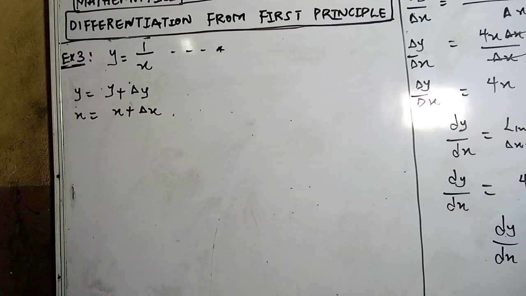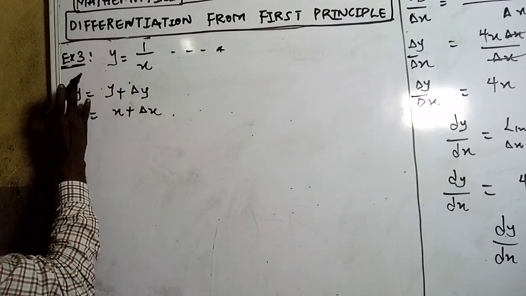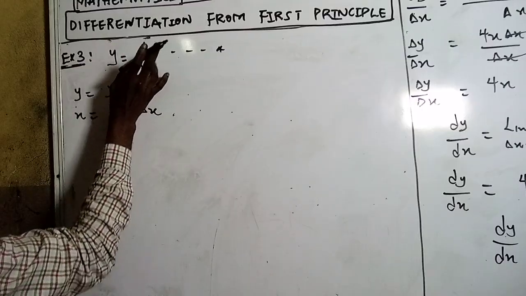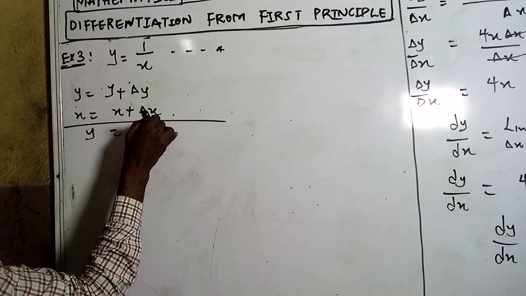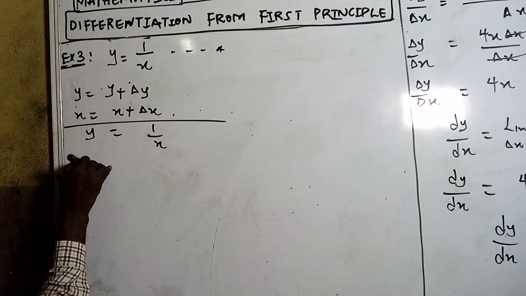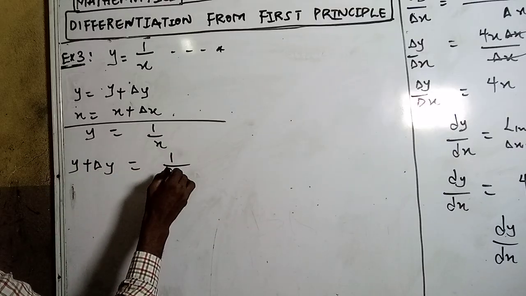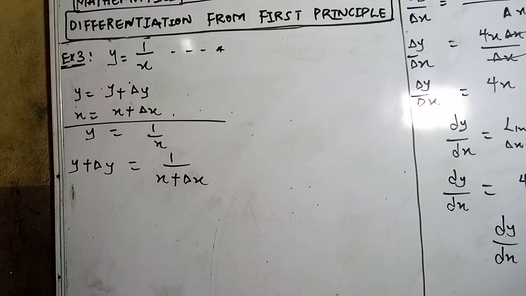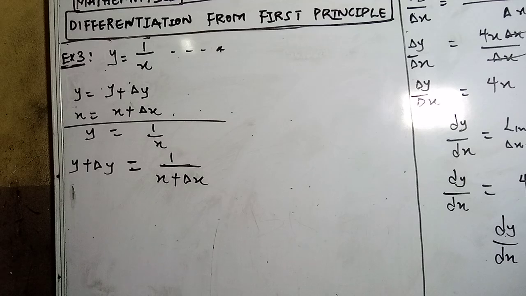Very simple. So the next thing we do now is to do our normal substitution. Wherever I see y, I put this. Wherever I see x, I put this. So what I have now, y equals 1 over x returns to y plus dy equals 1 over x plus dx. That is at the substitution stage.